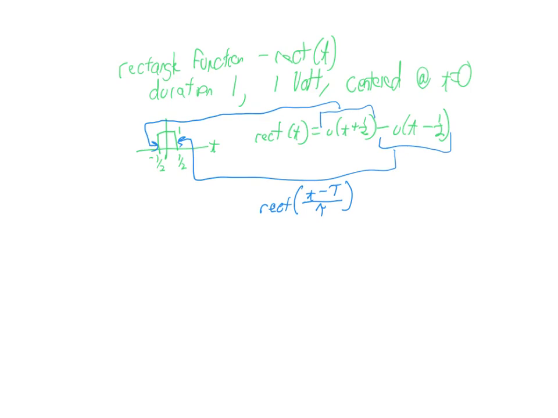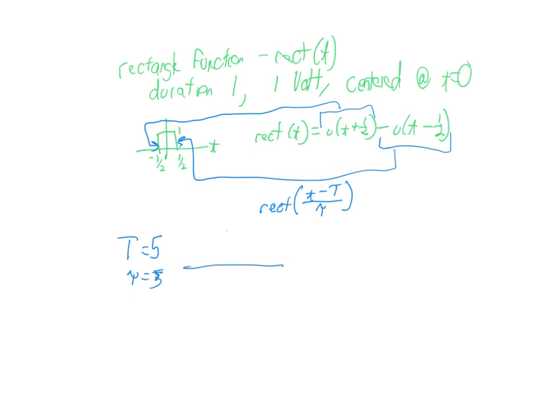So if tau is a number like 3, then I'm going to be 3 seconds long. I'm dividing the argument by 3, so I'm slowing down time to stretch this from 1 second out to 3 seconds. So let's do an example for capital T is 5 and tau is 3.